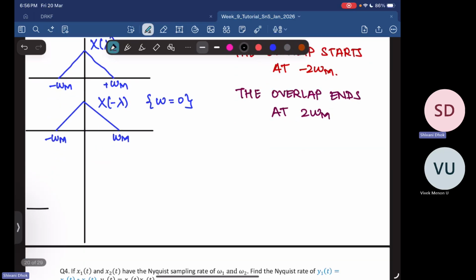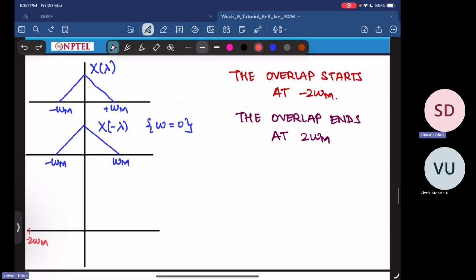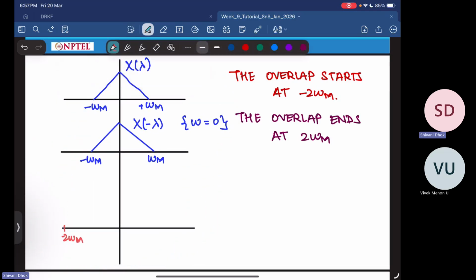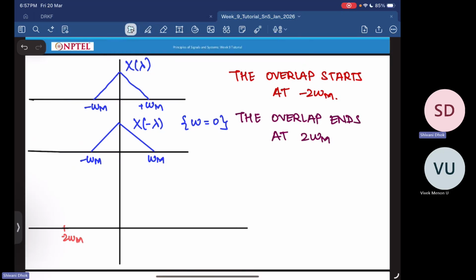So how does your Fourier transform look? This is again a sketch. This may not be the exact thing, but it starts at minus 2 omega m, and you have 2 omega m here.